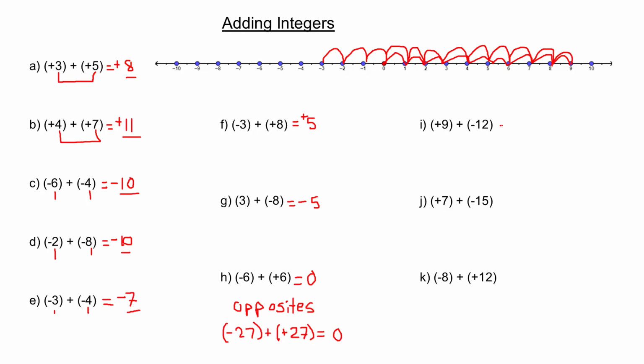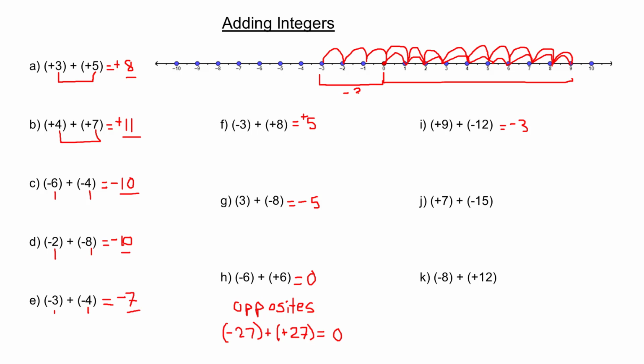So that would add to negative 3. And see, I've got a whole bunch of these, all the way from here to here, where I went 9 to the right, and I went 9 back to the left. So that all adds to 0. And what we're left with is just this little bit here that we went 3 to the left.